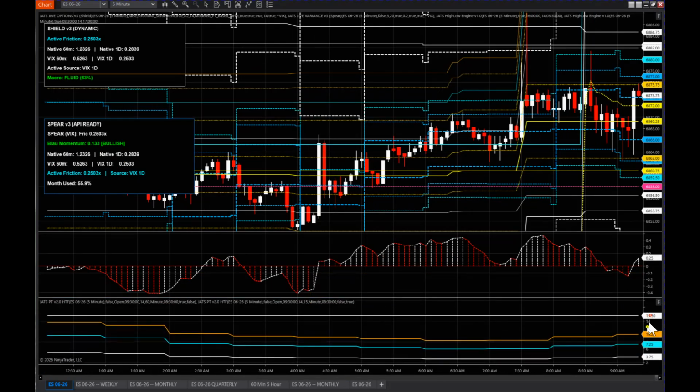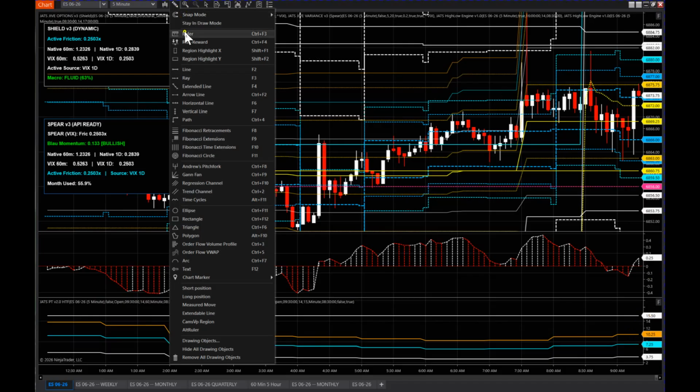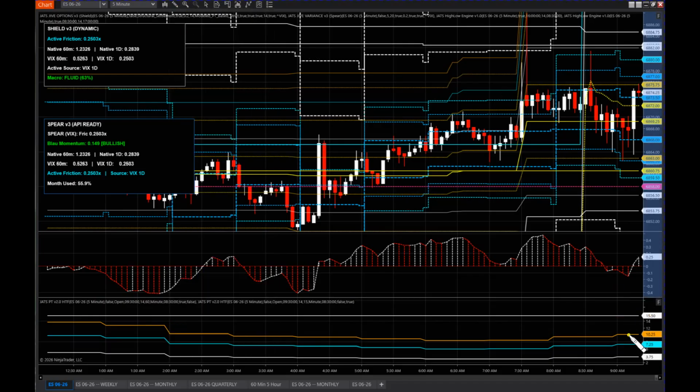So if we get a break of that 1025 range, if we get a breakout, where do you think it would go? It would go up to this 1550 points. So right now 1025, 1175, it broke it.